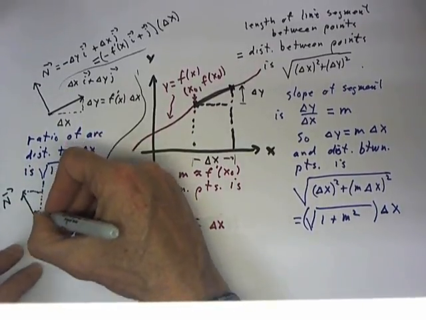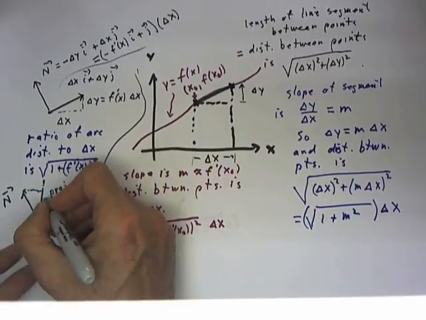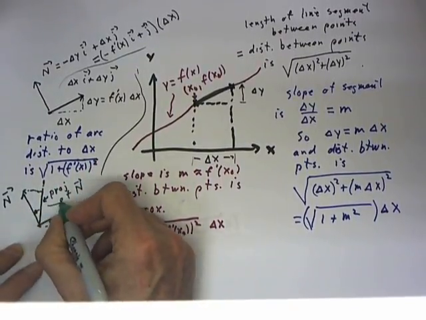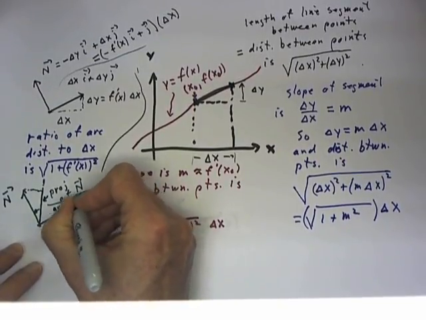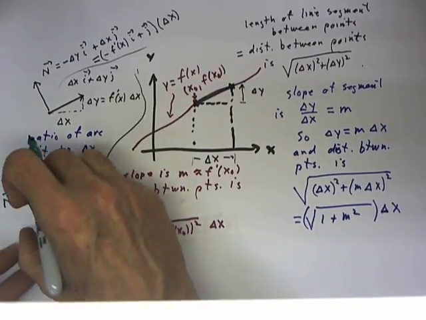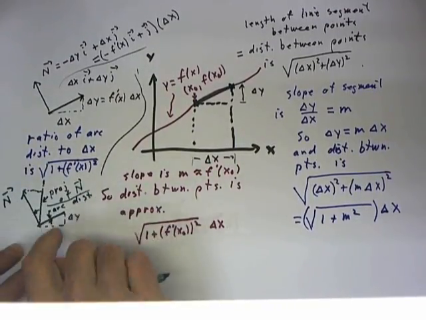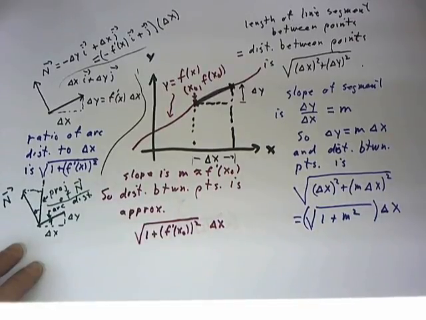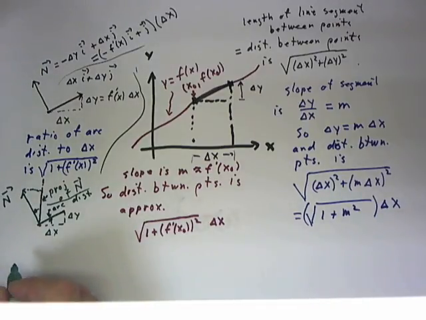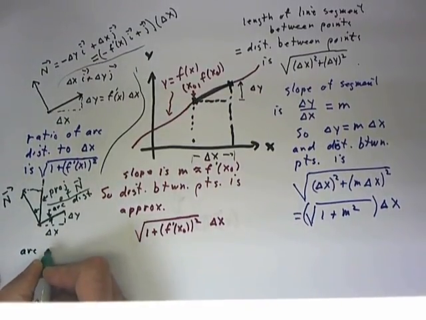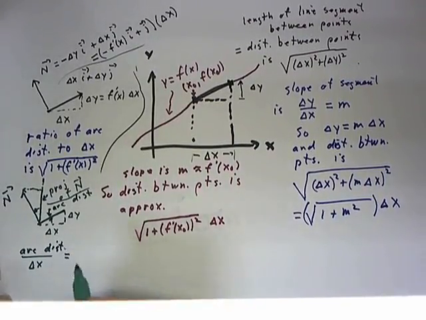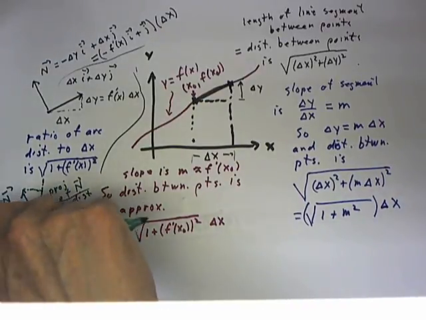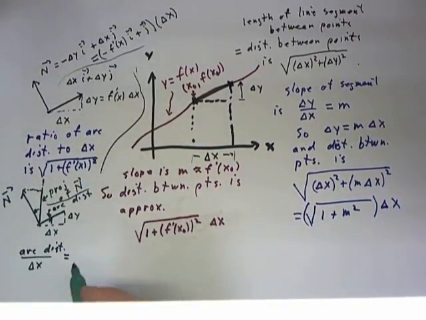The projection of n being simply this side, and the arc distance being this side, so the projection being this side of this triangle, the arc distance being this side of this triangle. We can set up a proportionality and conclude that the arc distance over delta x equals the magnitude of n over its projection.